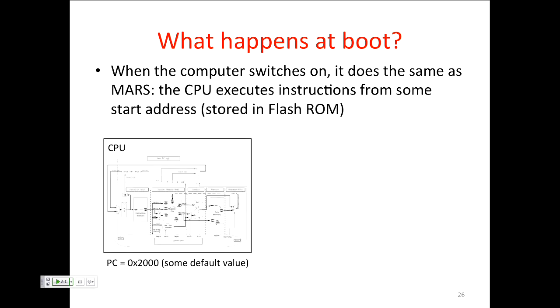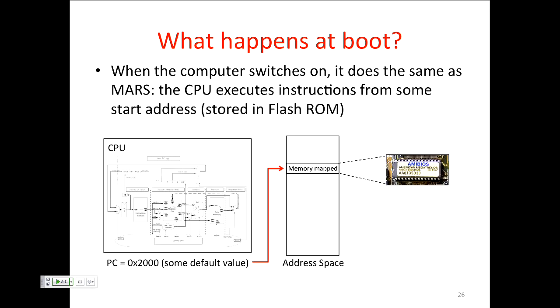When you switch your computer on, it will set the PC counter to some value and then read from that address in memory to execute the first instruction. But instead of regular memory, that location will normally be a memory-mapped chip somewhere on your board that contains some code stored in there. That's called a ROM, and you often hear that described as the firmware or the BIOS.